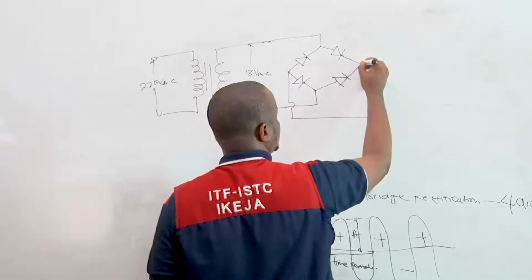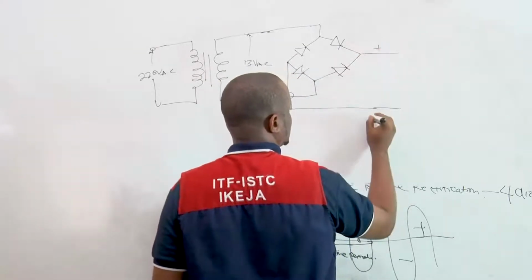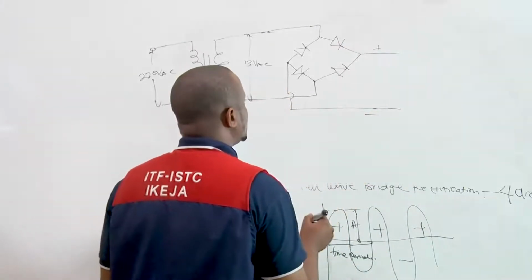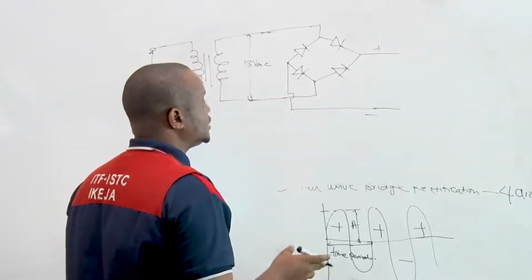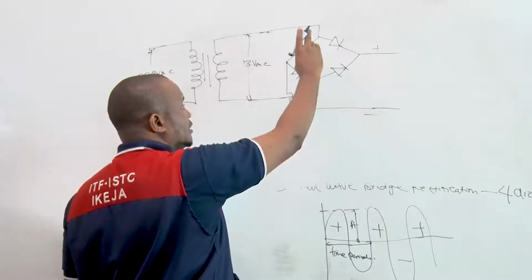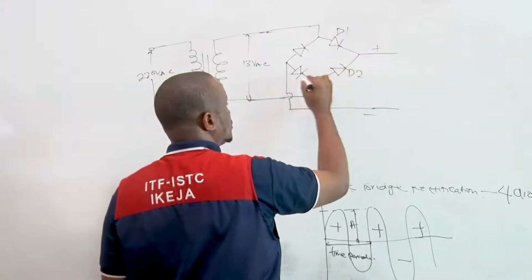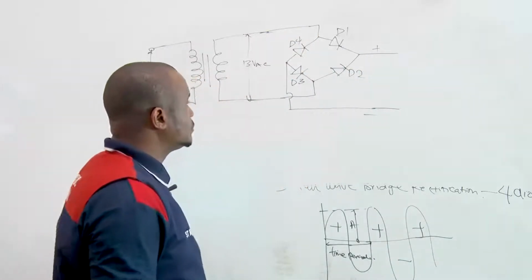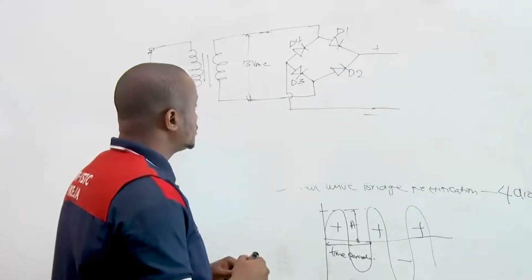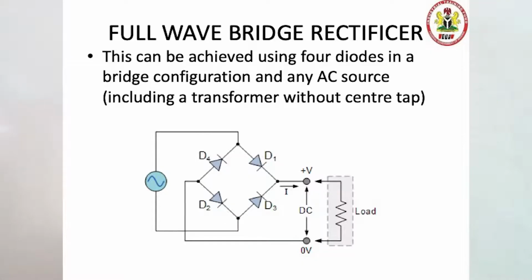So this is the output, this is the positive output, and this is the negative output. So this is the bridge rectification. Two diodes facing a particular direction, another two diodes facing another direction. So we can label this D1, D2, D3, and D4. These are the four diodes that are used in full wave bridge rectification.